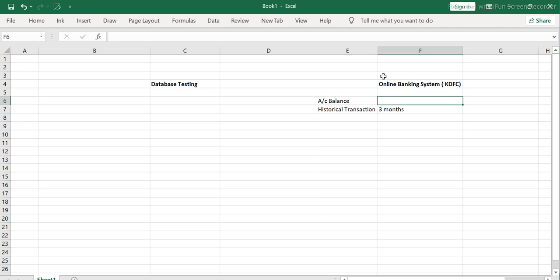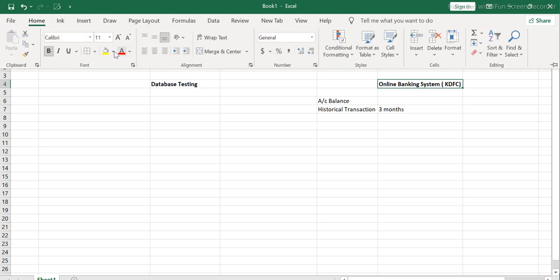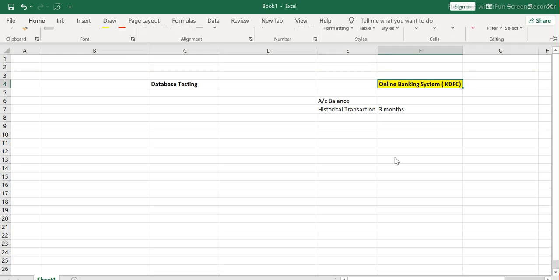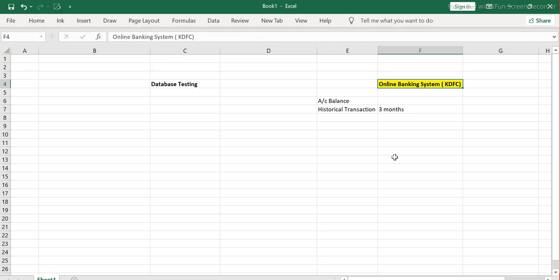So now we'll try to understand what is basically database testing in this aspect. Let's say this is 20,000 rupees, the current account balance.